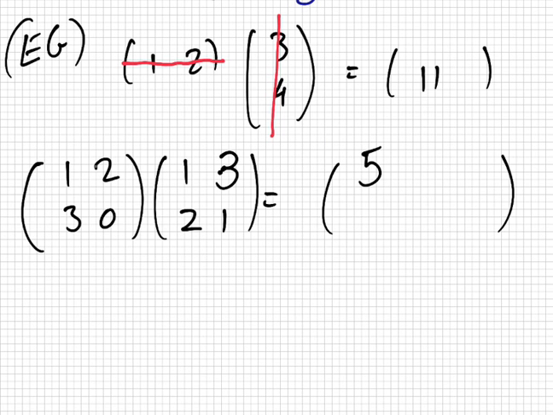Now, this row, first row, second column. What would that one be? 5 also. Second row, first column, it'd be 3. And then finally, second row, second column, what's that one? 9.